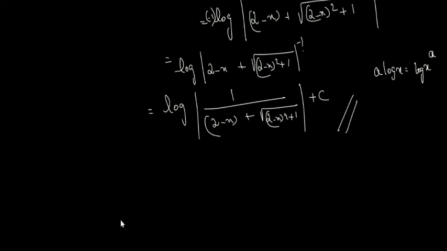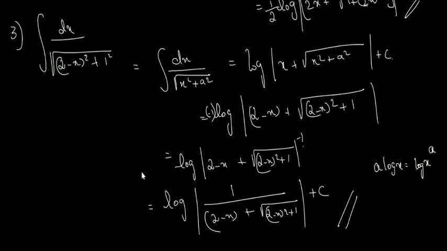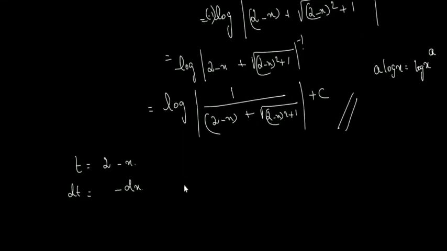The other method is put t as the variable 2 minus x. So dt will be minus dx. So this question will now change to dx will become minus dt by root of t squared plus 1.